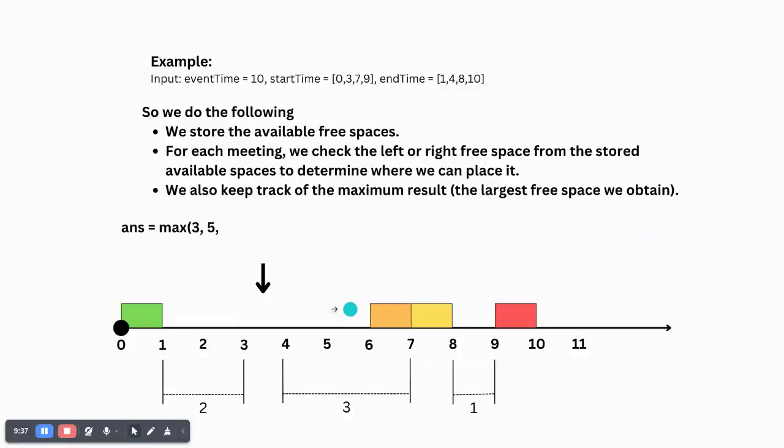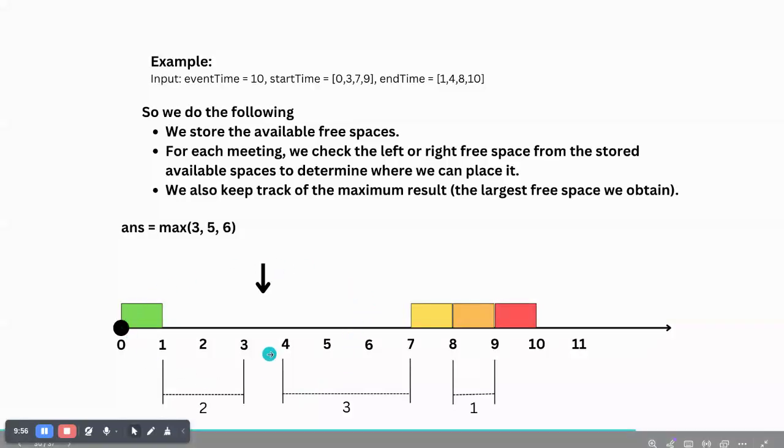But actually, we can do this as well. We can either slide it to the left or right. And if we slide it to the left, that will give us 5 free spaces here. And if we move it all the way to 8, that would give us 6 free spaces.